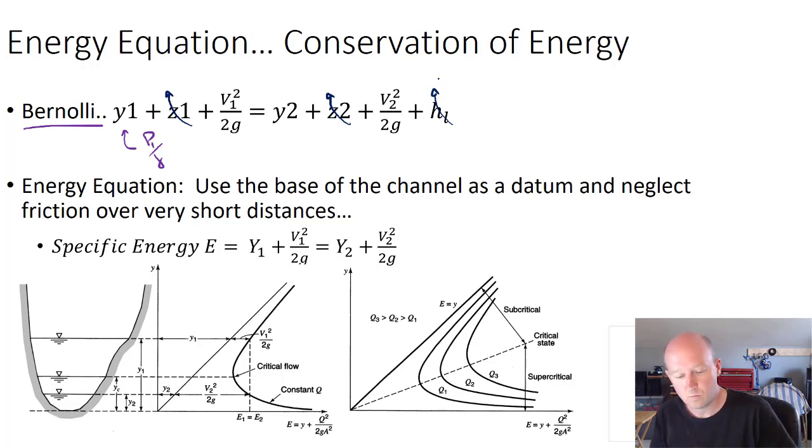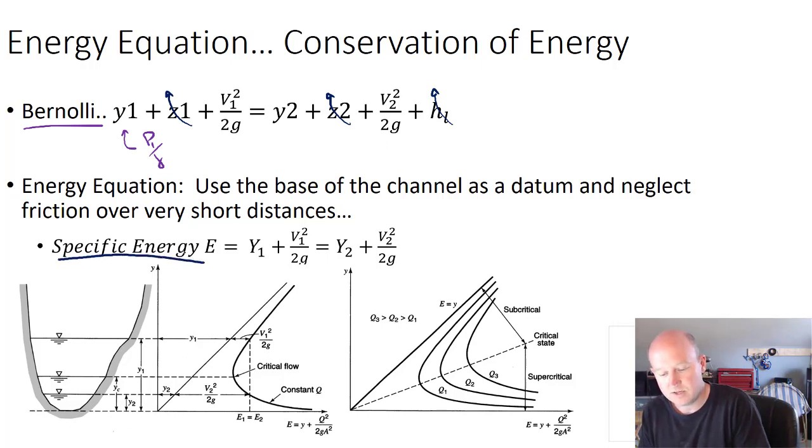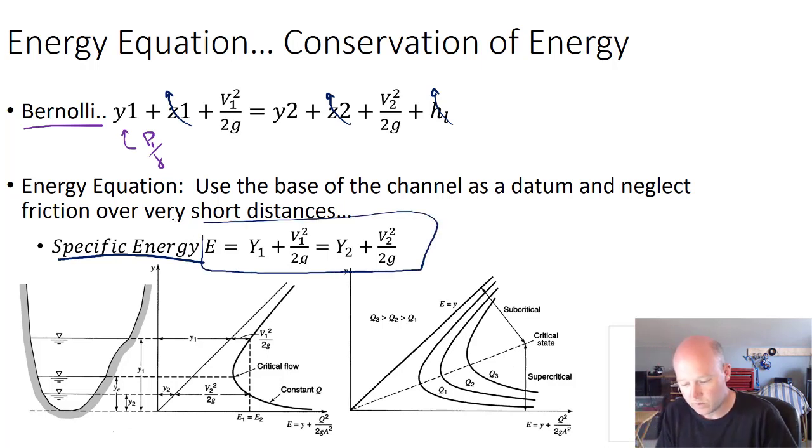So to do that, we're going to use this thing called specific energy. And basically what that is, it's taken out the elevation head, and it's taken out the head losses. And so we get something that looks like this. Now, if we take that equation, E is equal to the pressure head plus the velocity head, and we plot that out for a channel of a fixed geometry, we get a curve that looks like this one.